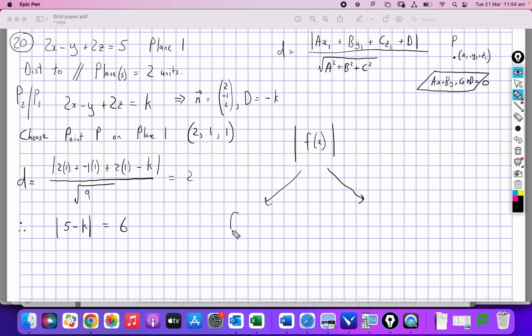Either the function is already greater than 0, in which case you can just get rid of the modulus altogether and say I've got my function. But if the function is giving negative numbers, so it's smaller than 0, then you have to make the answer positive.